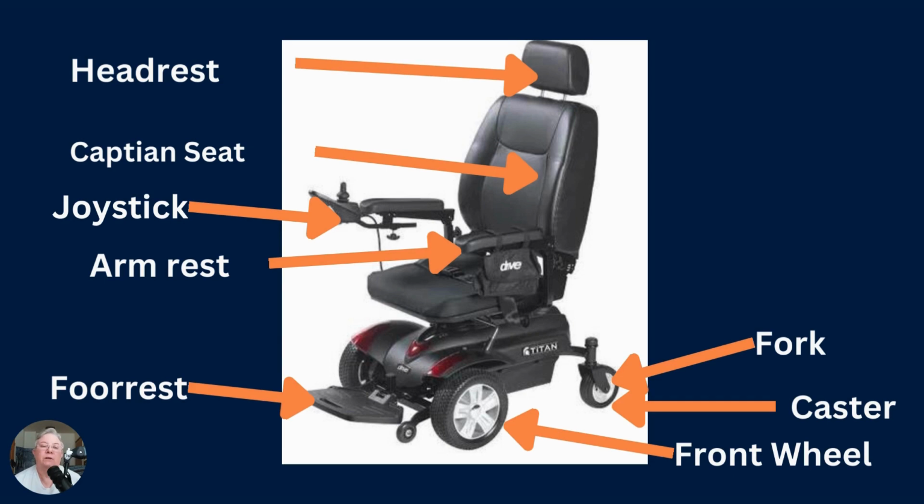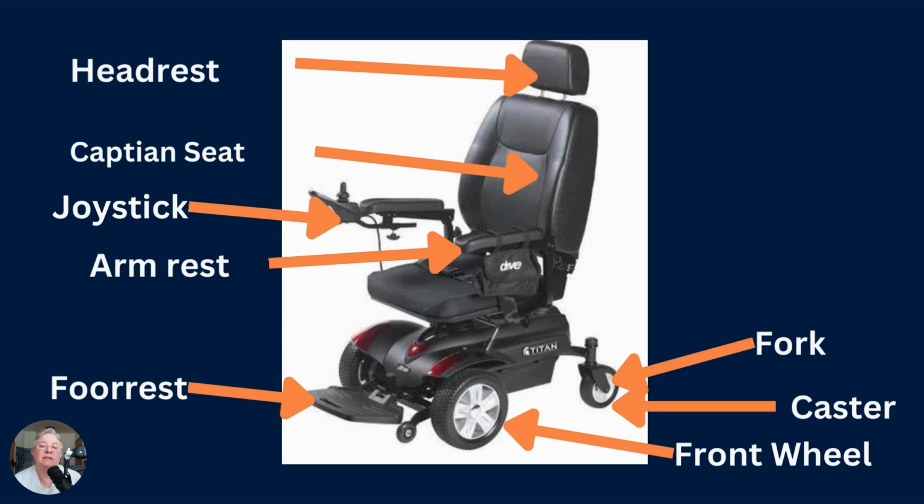So on the power wheelchair, I'm going to start from the top. It's the headrest. That can be a mobile headrest, or it can be just a regular headrest. Then the captain seat. Power wheelchairs usually have captain seats, so if something's wrong or something's loose, it's the captain seat.